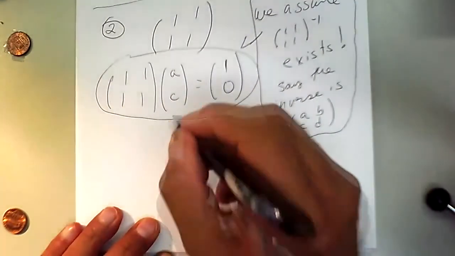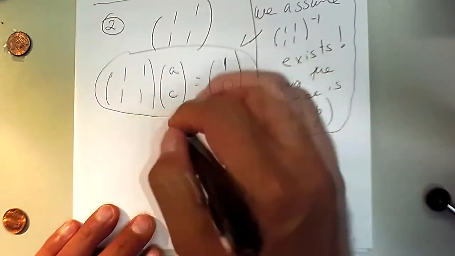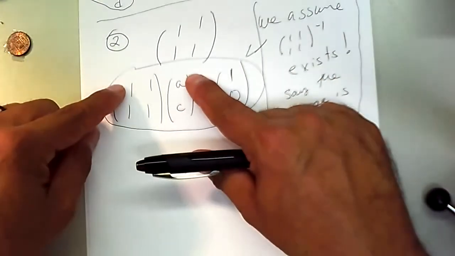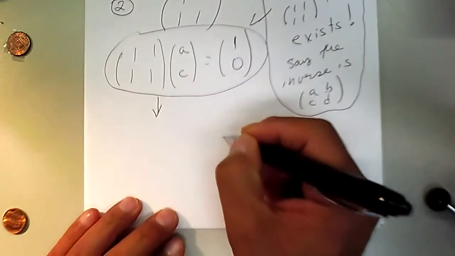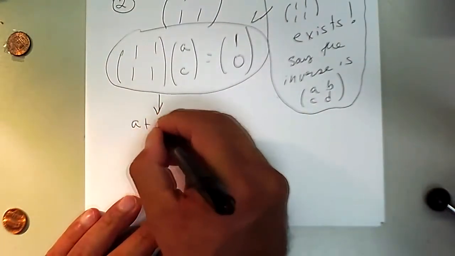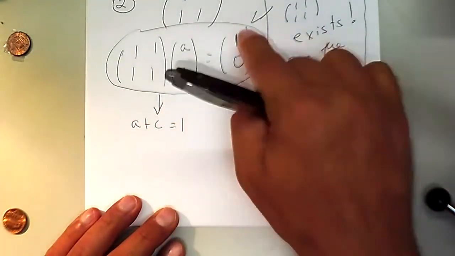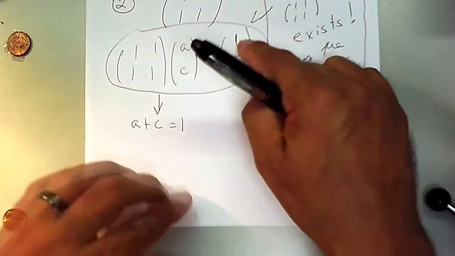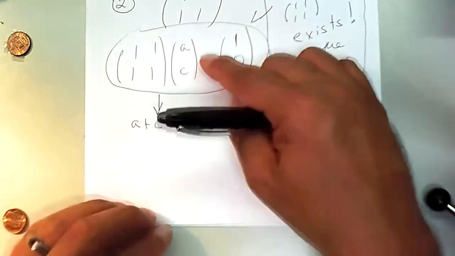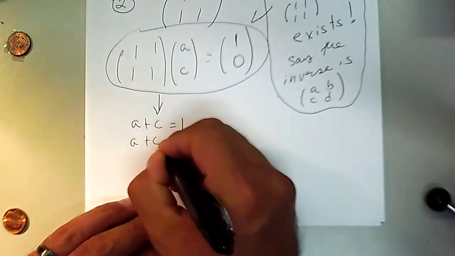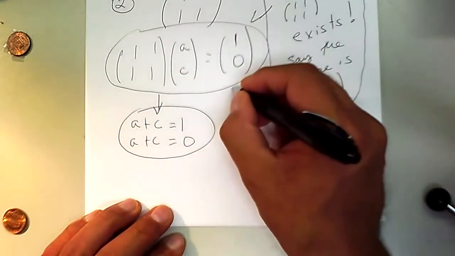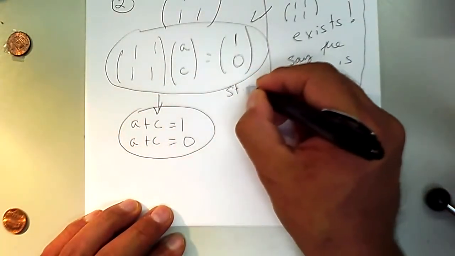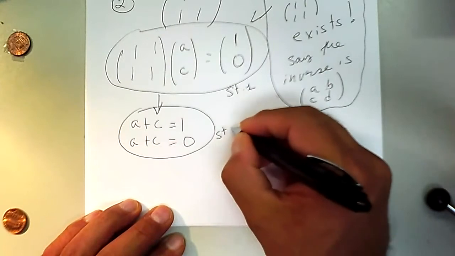Okay, if this is so, then we can arrive at a new conclusion. A plus C is equal to 1, while A plus C is equal to 0. Okay, so now we got a new statement. I'm going to call this statement 2.